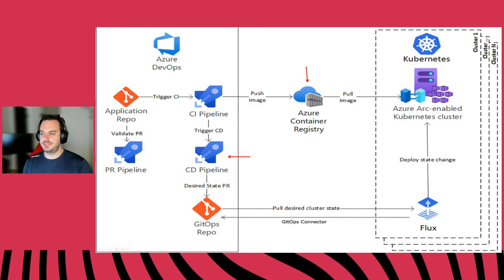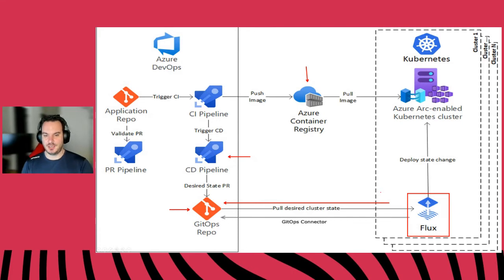But once the CD pipeline runs, it's updating the configuration. This could be, in the simplest case, for example, updating the version number and then committing these changes to the GitOps repository. And then over here inside the Kubernetes cluster we have our Flux agent. This agent sees that there are changes in the repository, so it's always monitoring the GitOps repository.